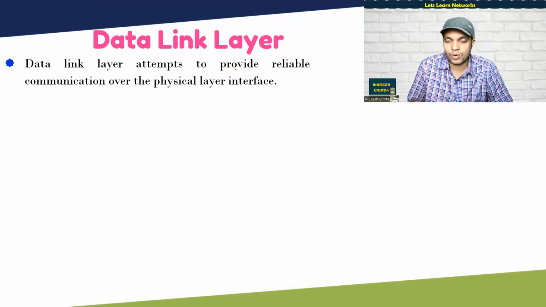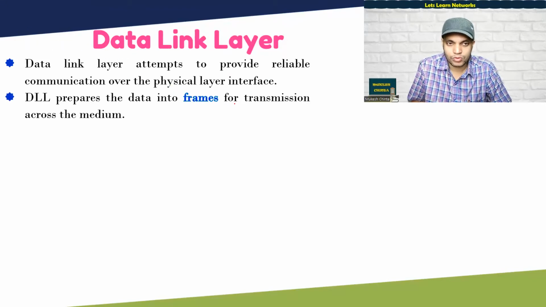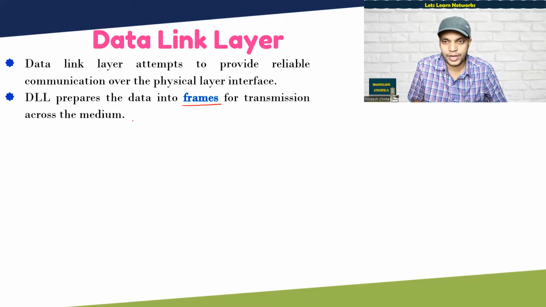The upper layers like your transport, network and other layers should not be bothered about any transmission errors that are happening at the physical layer. So for that purpose, the data link layer packages the data into frames. The frame is nothing but a unit of data at the data link layer. So it packages the data into frames for transmission across the medium.